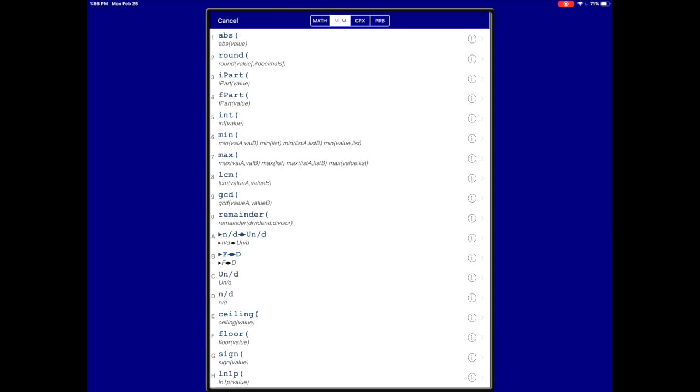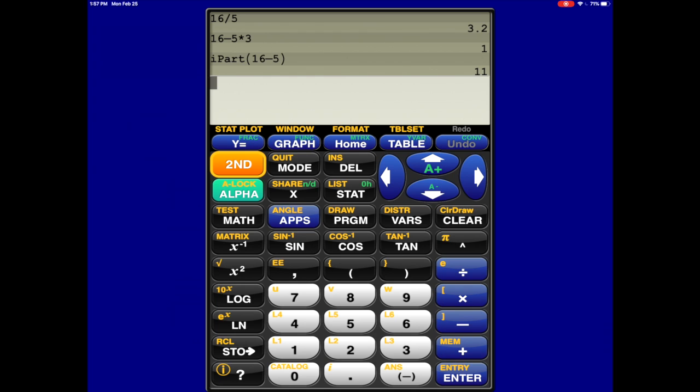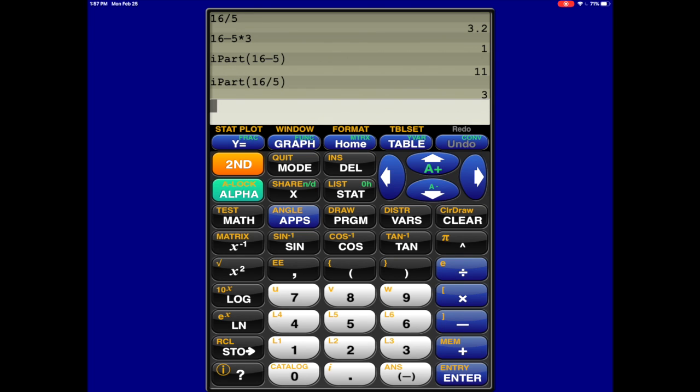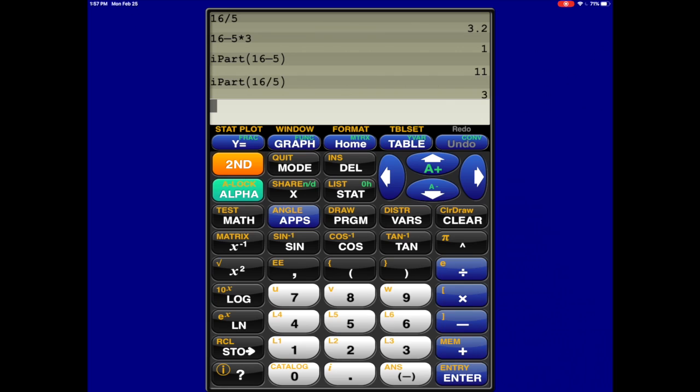Oh, I part, integer part. So let me try that. Integer part of 16 divided by 5. Oops. That was not good. Let me do second entry and come back here, and that should have been divided by. Oh, and look, you get the 3. So you can also do I part, and I found that under math and then number. Or you can just put in the formula we derived for r.